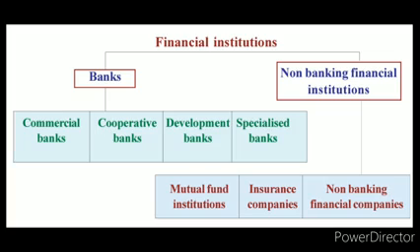As we have already learned earlier, the banks can be divided into four. They are commercial banks, then cooperative banks, development banks, and specialized banks. And now we are going to discuss the details of the commercial banks.